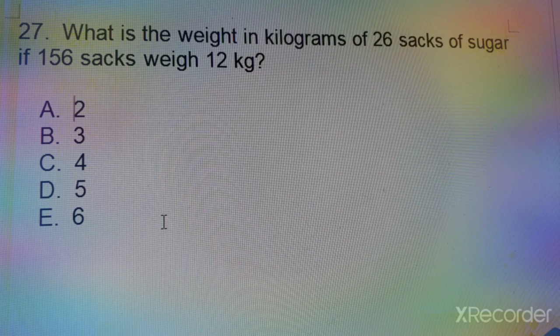Number 27. What is the weight in kilograms of 26 sacks of sugar if 156 sacks weigh 12 kilograms?